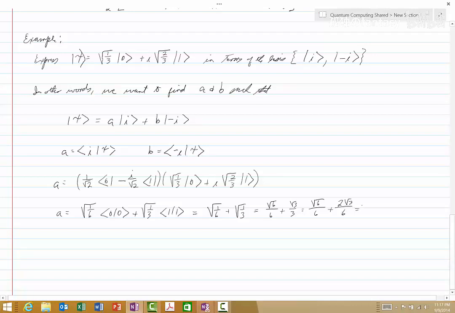And so we get square root of 6, which is square root of 2 times the square root of 3, plus 2 times the square root of 3 over 6. And so one way we could write A is to say that A is equal to 2 plus the square root of 2 times the square root of 3 over 6.